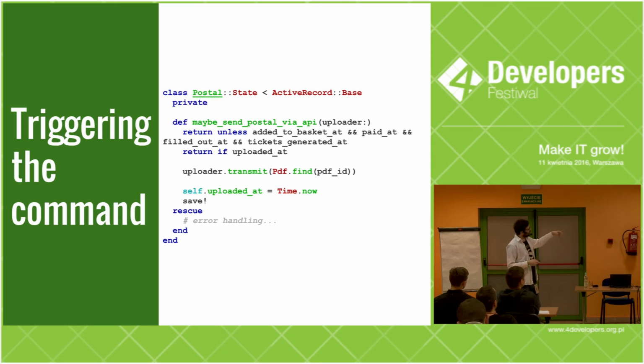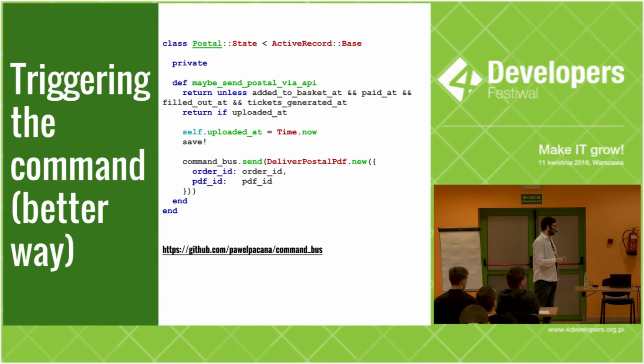In our case, it was the handler that had to pass the uploader adapter. So the handler needs to know about this adapter, the state, the method which is triggering the command. So many methods need to know about it. And that's not good. There must be a better way to do it. We are not there yet in our code base, but I already know that there is a better way. It's called command bus.